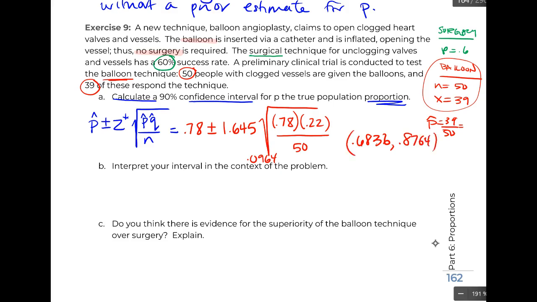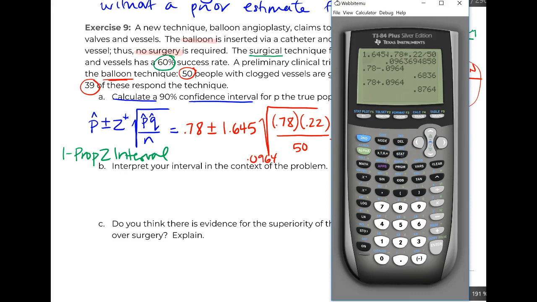There's our confidence interval. And remember, this is even easier if you have the graphing calculator, because you can just do all of this in one proportion Z interval. So I could have done this all by going to stat, over to tests, and then choosing one proportion Z interval and just entering all of my information.